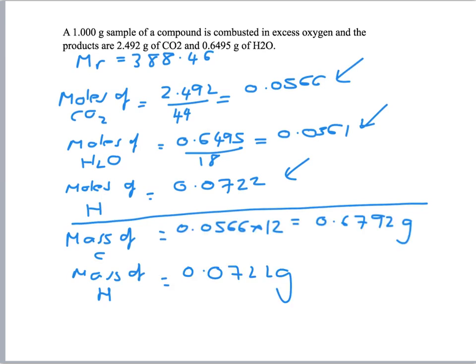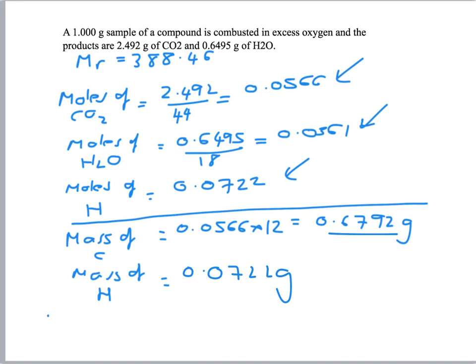Okay, so I've now worked out my mass of carbon and my mass of hydrogen by times my moles of carbon by 12, and my mass of hydrogen is obviously the same as the moles of hydrogen because the relative atomic mass of hydrogen is 1.